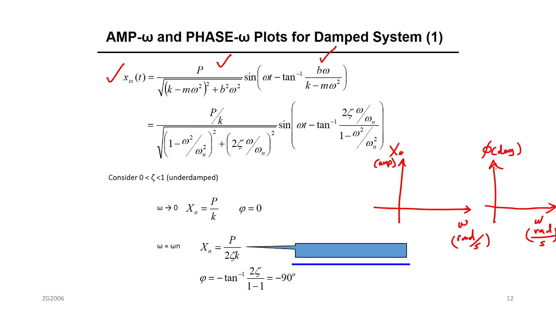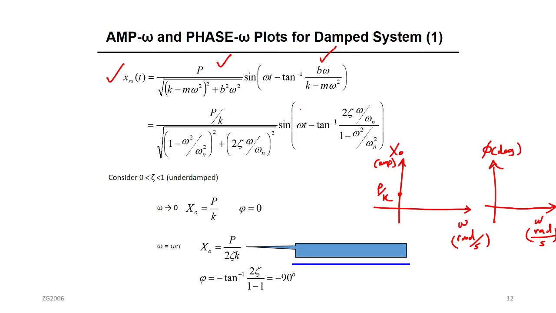For the amplitude, if you start from omega, the running frequency, equal to 0, you will have the same as we did last time. You will have static deflection. You will start from here. What about when omega equals 0? The phase will also be 0, because this is going to be 0.